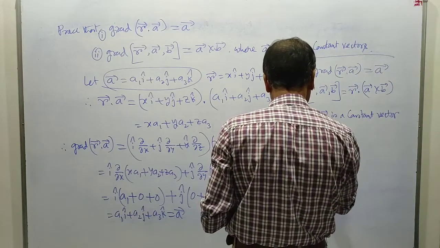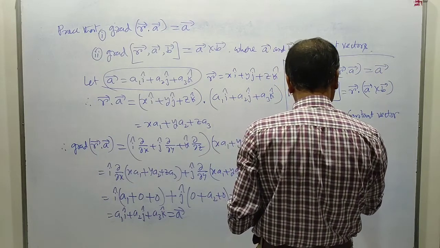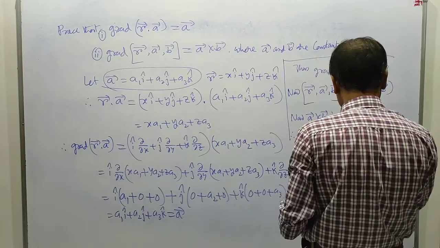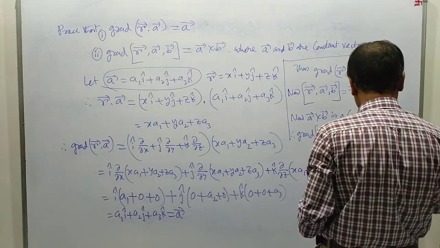Therefore, gradient of R vector, A vector, B vector, the scalar triple product of this, is equal to gradient of R vector dot a constant vector.